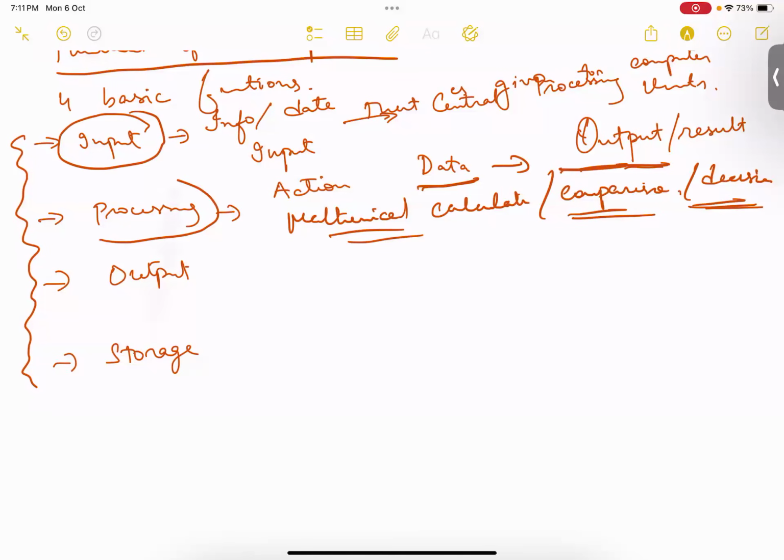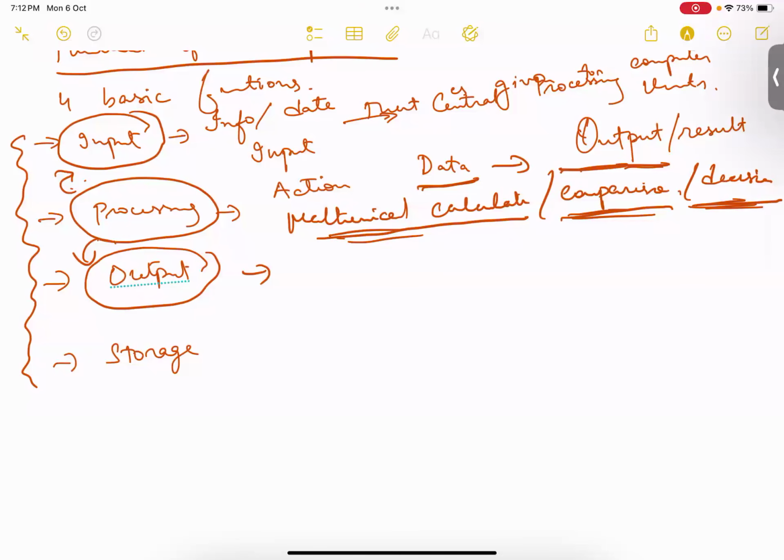So processing will be based upon the input, and whatever output is generated will be dependent upon the processing system. Now, whatever action has been taken, be it a mathematical calculation, a comparison or a decision taken by the processing unit, it is now given to the output, and it makes the result available to the user.